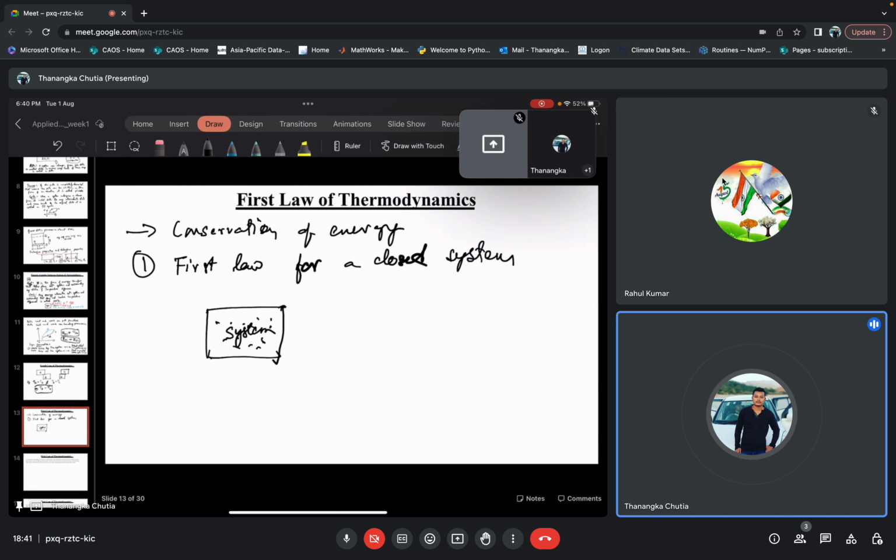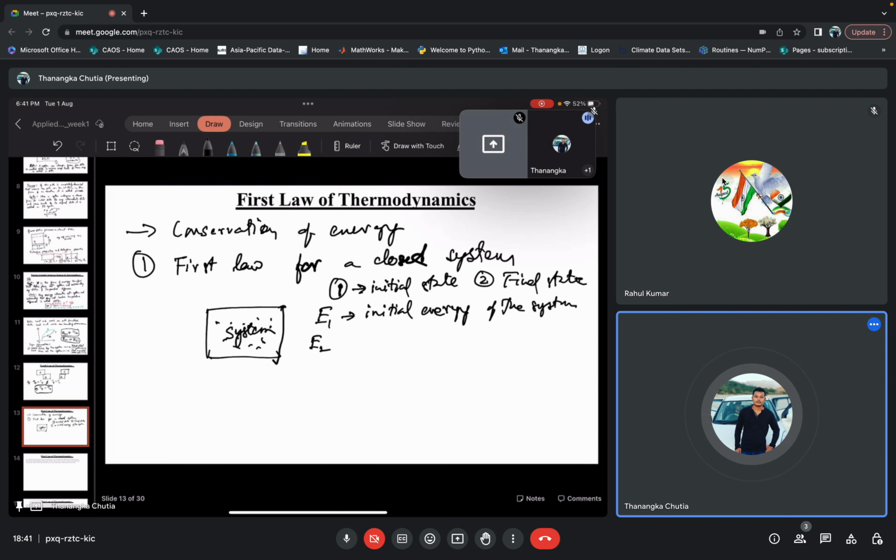Now suppose my 1 is my initial state and my 2 is my final state, or whatever things I want to show. Let E1 be the initial energy of the system and E2 the final energy of the system.